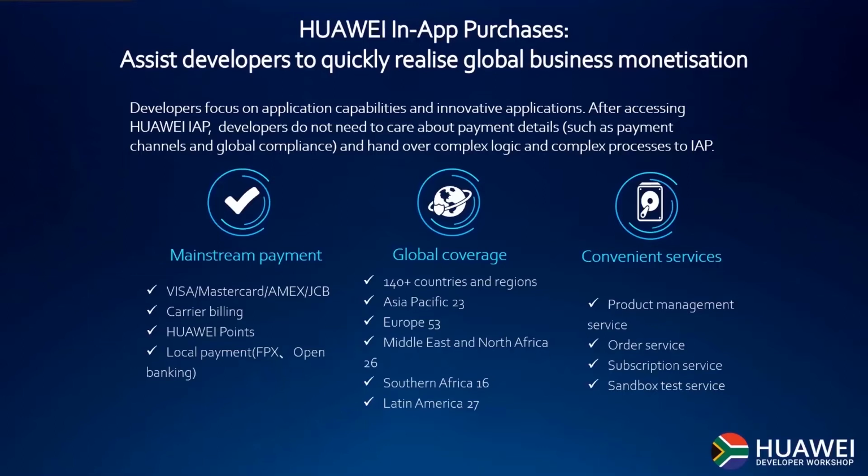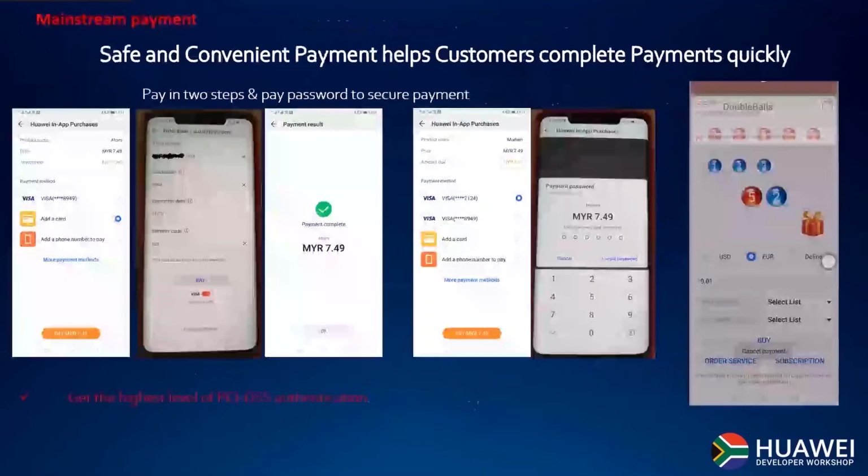And it also offers convenient services for you to be able to manage your app's merchandise and products, basically. So looking into the mainstream payments, it allows you to make payments with your Visa, which is your credit card. You're able to do your data payments using data and as well as mobile money.